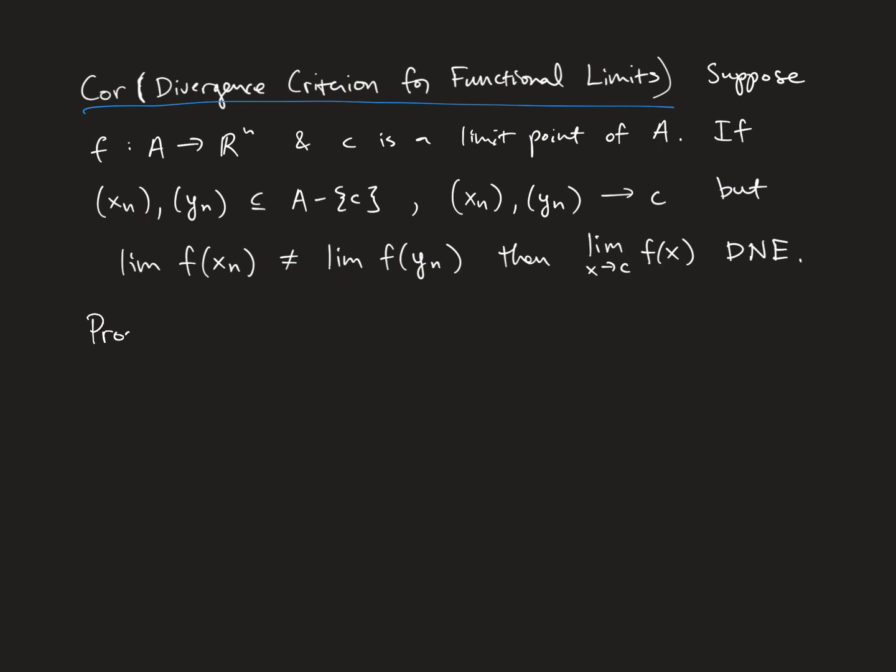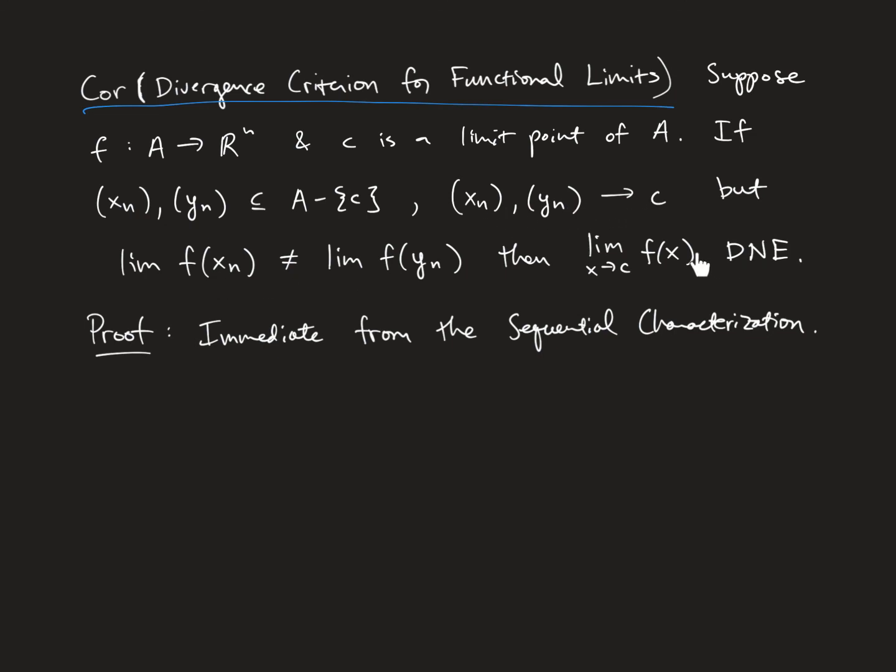So the proof is just, this is immediate from the sequential characterization. Because if the limit were to exist, then any sequences like this converging to C would have to all have the same limit, right?